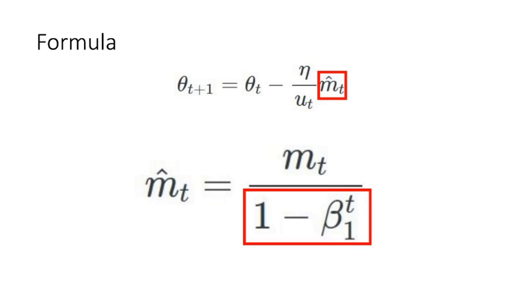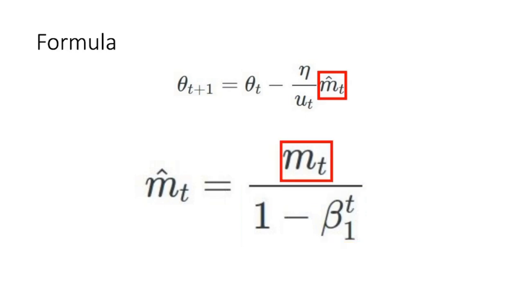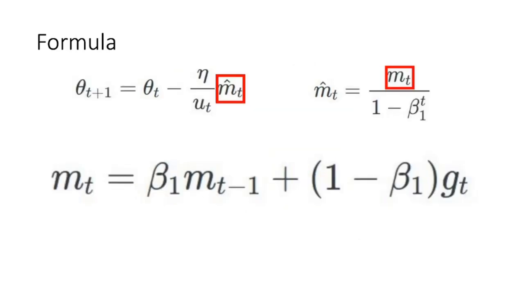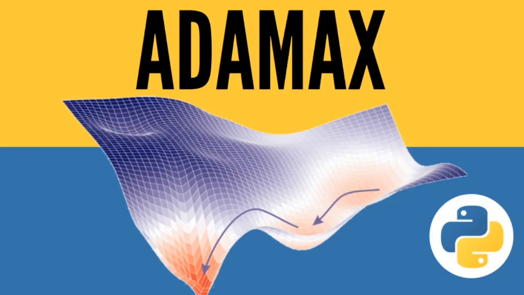This is to avoid the bias towards 0 in the early steps. So finally we have mt, which is equal to this. This is a standard running mean of the gradient with beta 1 equal to 0.9. And that's pretty much it.